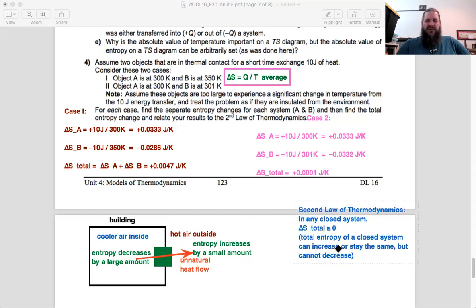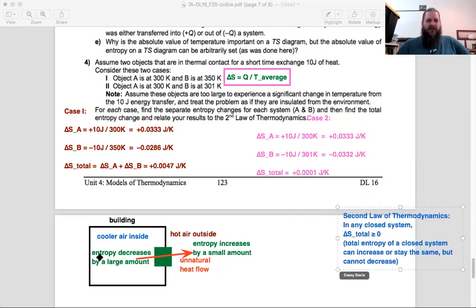So if we add those changes together, if you have a large decrease plus a small increase, what would you say about the total entropy? It's going to be a large amount. Sorry, what was that? It's going to be a large amount still. Well, we're adding a large decrease plus a small increase. Are those going to combine or partially cancel out?